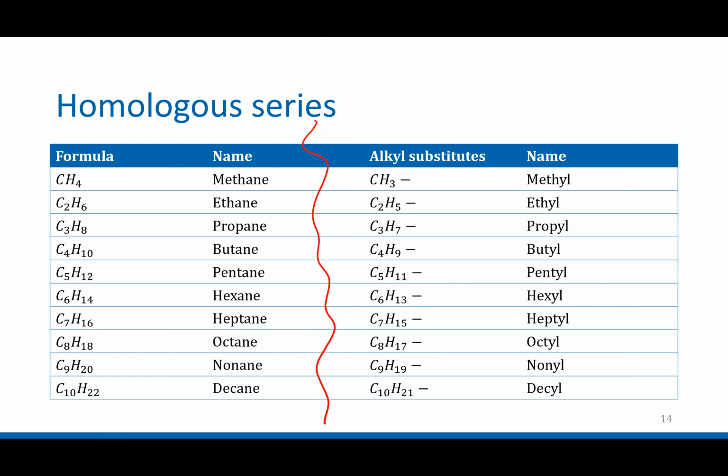Oct means 8. So, there's a few that really stand out that make a lot of sense, but the rest you have to memorize. So, methane, ethane, propane, butane, pentane, hexane, heptane, octane, nonane, and decane. You must know. Now, what about the other side of the slide? What does that mean? Well, this we'll get into a little later, but this is when they are branches.